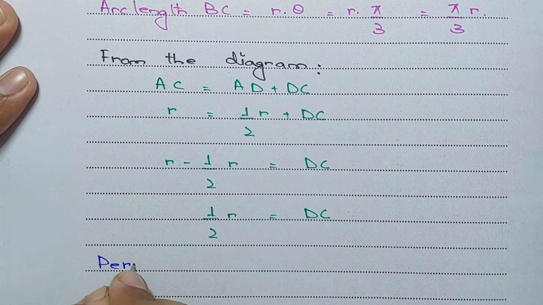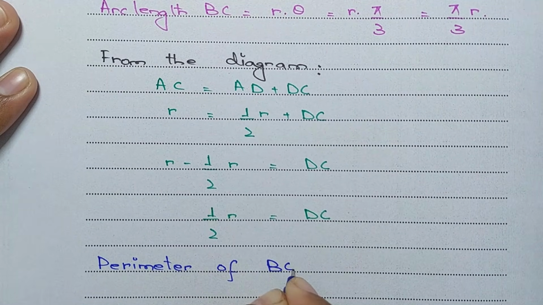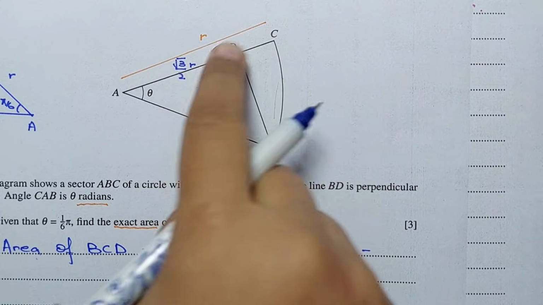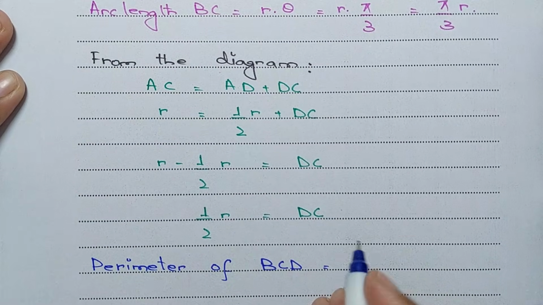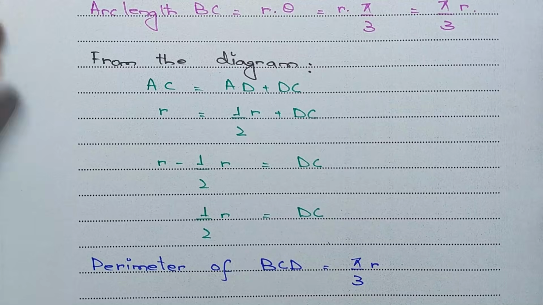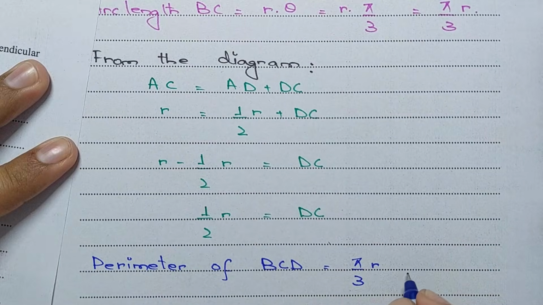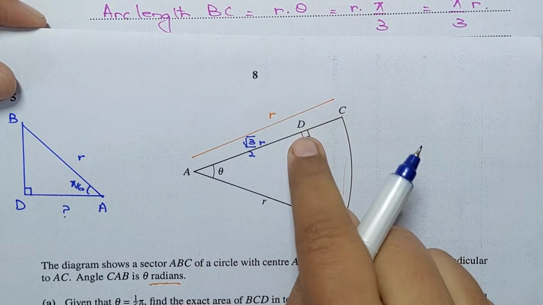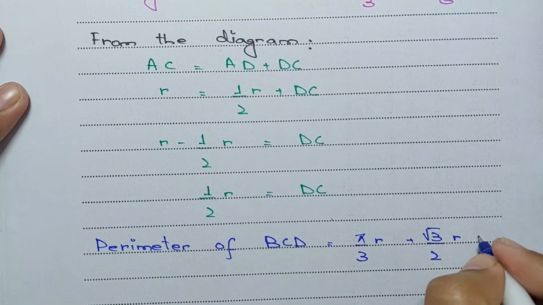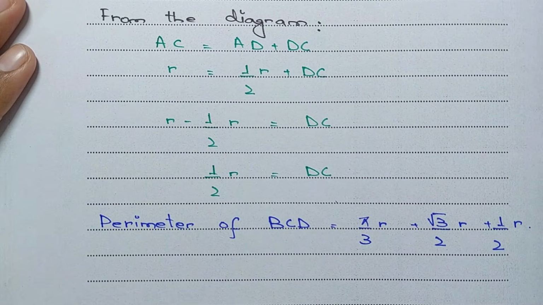So the perimeter of BCD is the arc length BC, which is pi by 3 r, and the length BD, which is given as root 3 divided by 2 r, and the length CD or DC, which is half r. Yeah, that is the exact perimeter.